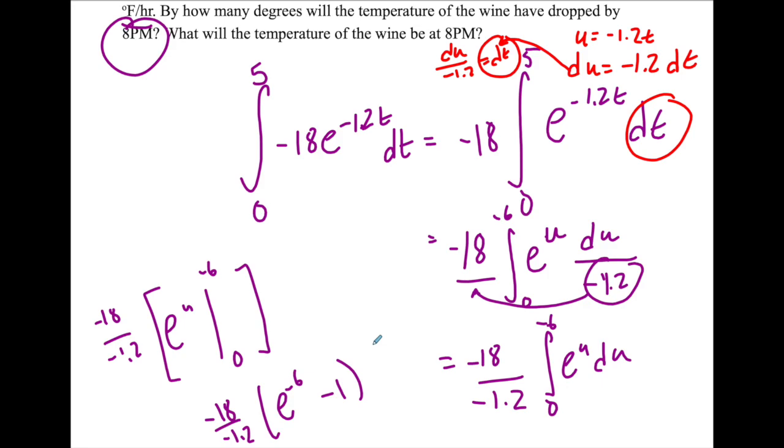Then I multiply by -18 over -1.2, and this is equal to about 14.96 degrees. So the temperature has dropped by 14.96 degrees. It started at 72 and dropped 14.96 degrees.